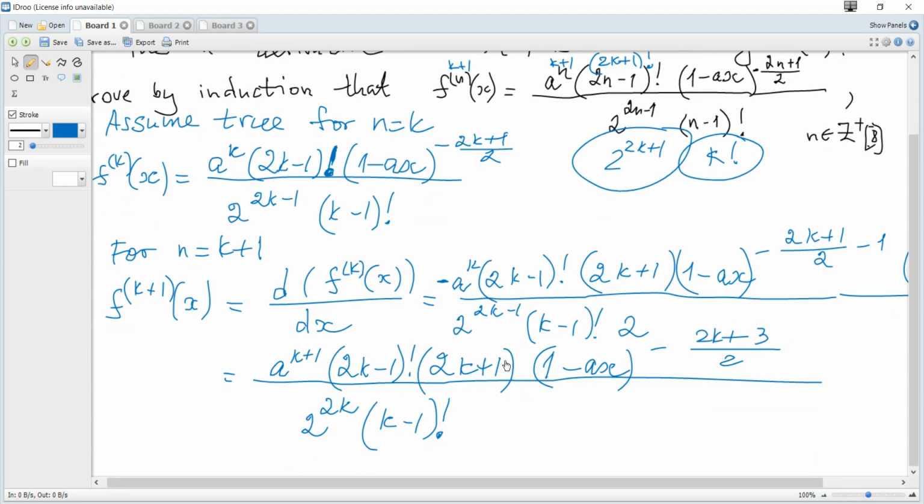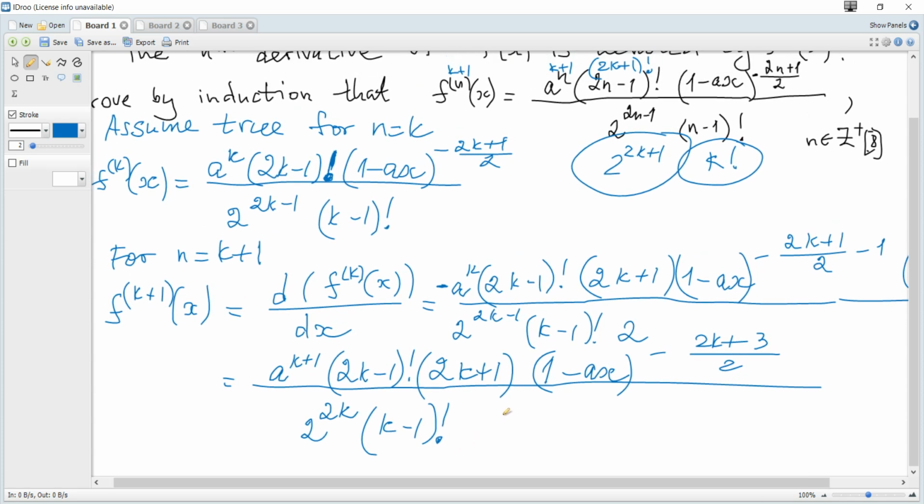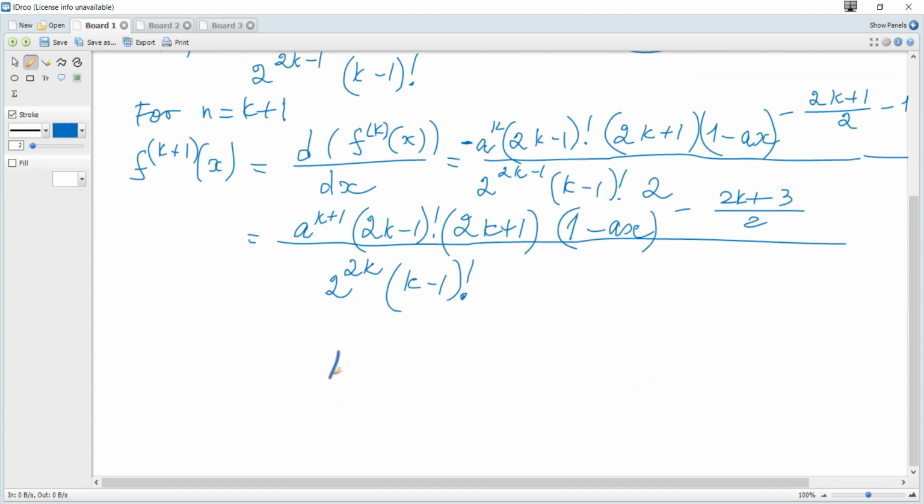Okay, and there must be k factorial, and we have k minus 1. So if we need 10 factorial, and for example when k is 10, and we have k minus 1, we have 9 factorial.